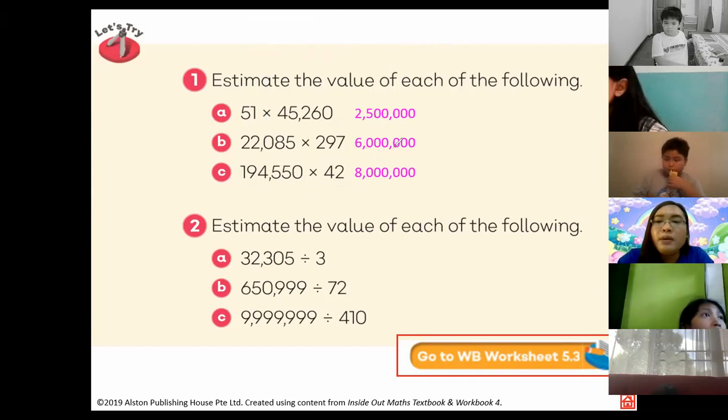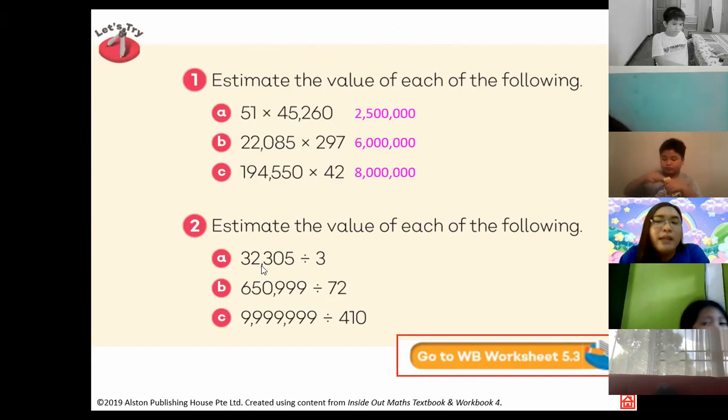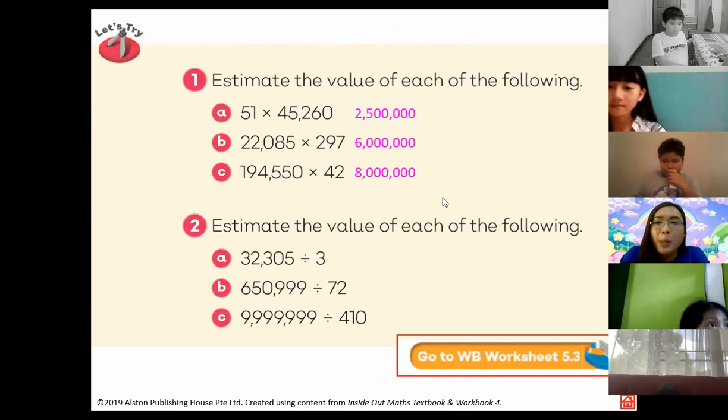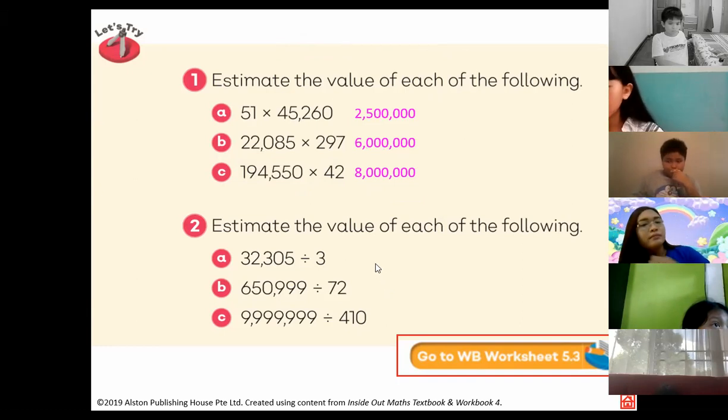Very good, Boom. Okay, number 2, estimate the value of the following. Letter A, we have 32,305 divided by 3. Alpha, what's your answer on this? 33,000.